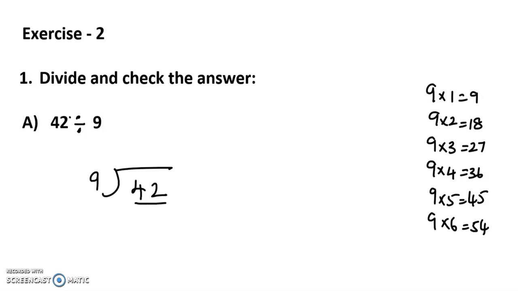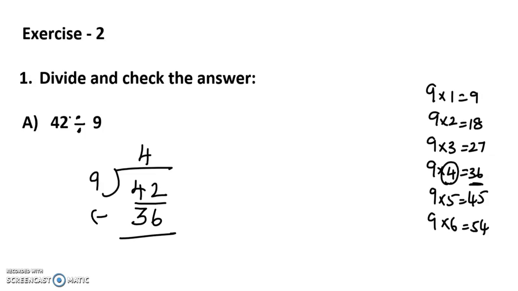Whether 42 is there? No. 45 is there, so which is nearby 42? 36. We should not write 45 because it is greater than 42. So we should write 9 fours are 36.